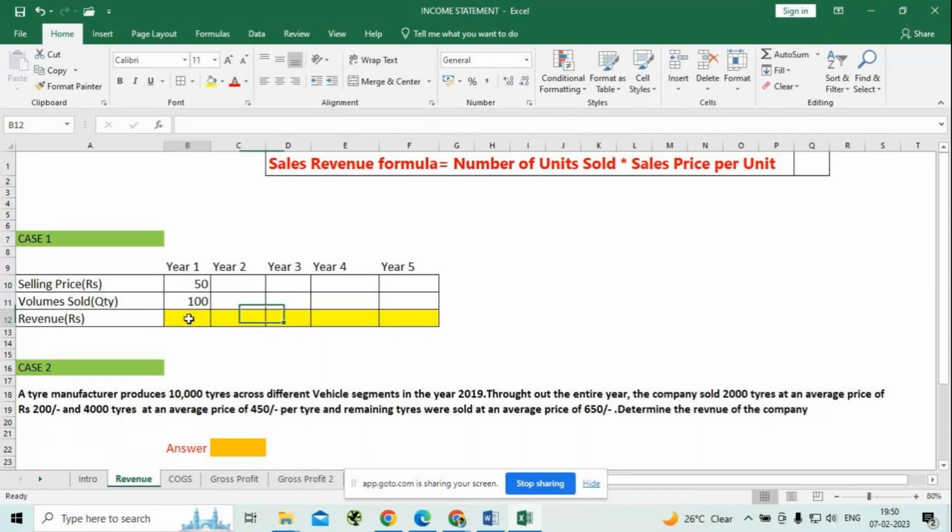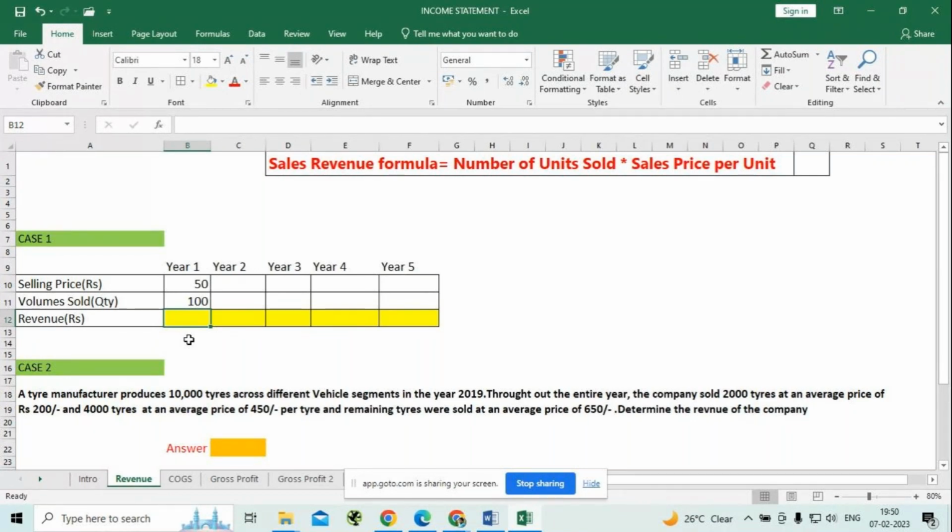So how do you calculate the revenue? What is the formula to calculate this revenue?